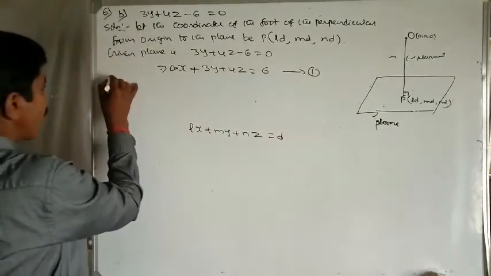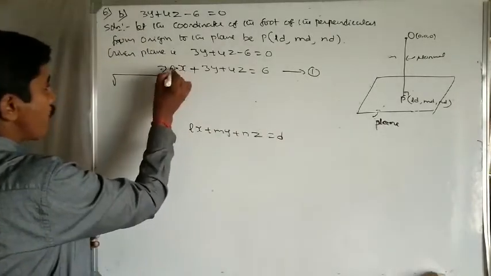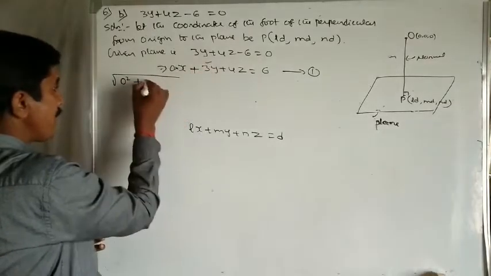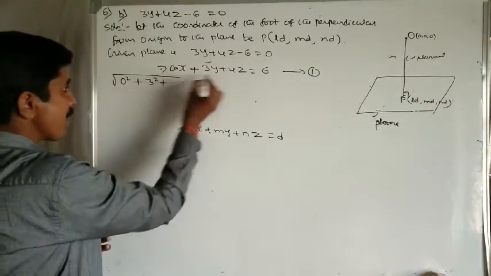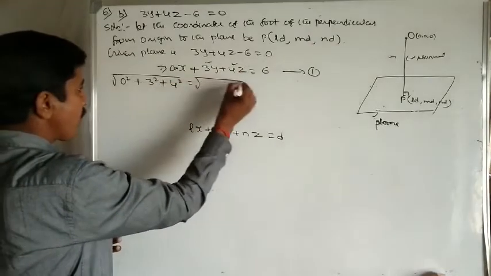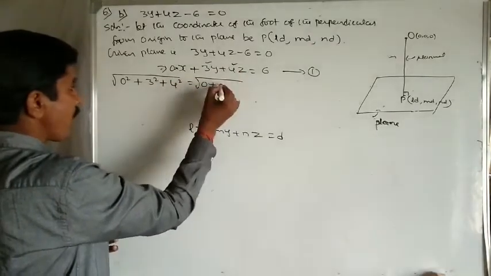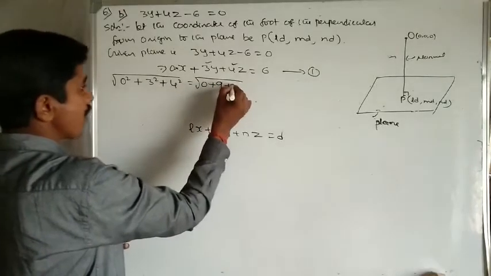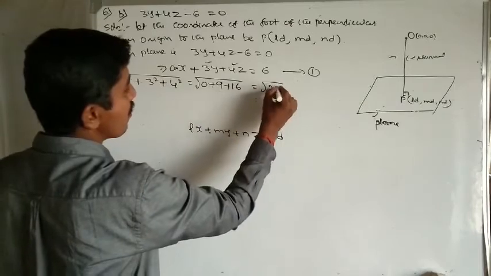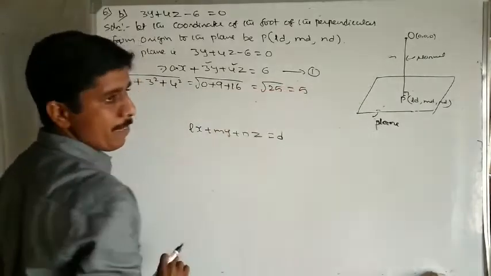Now take the square root of x coefficient 0, 0 square, plus y coefficient 3, 3 square, plus z coefficient 4, 4 square. Square root of 0 plus 9 plus 16, that is square root of 25, which is 5.